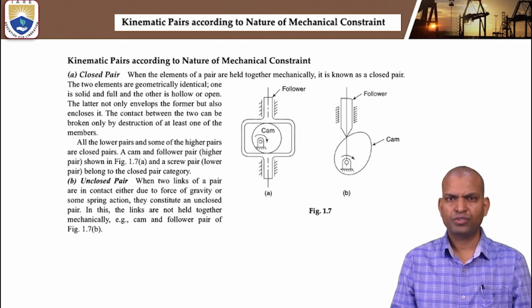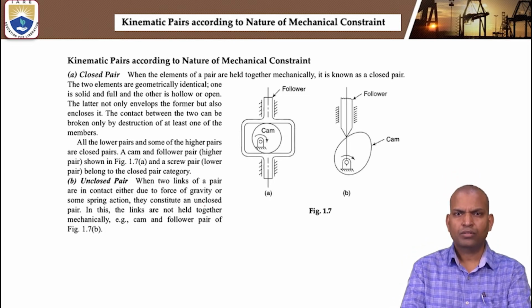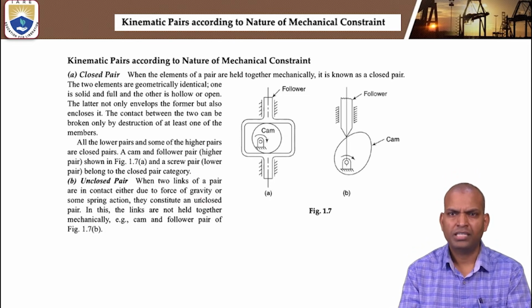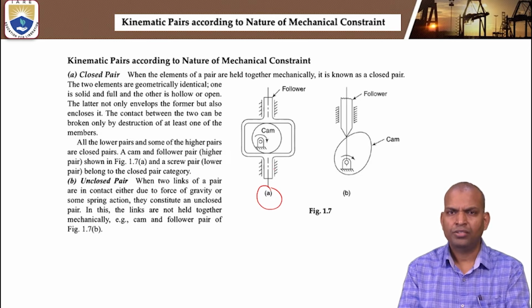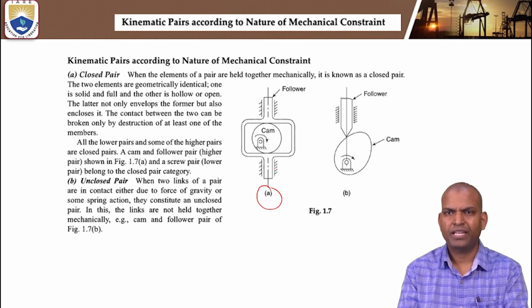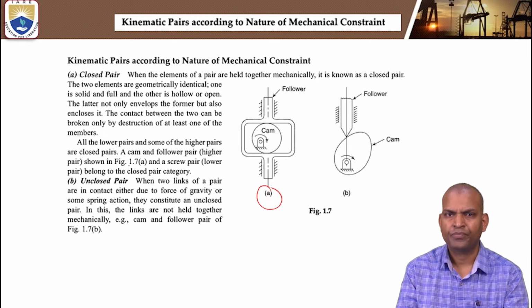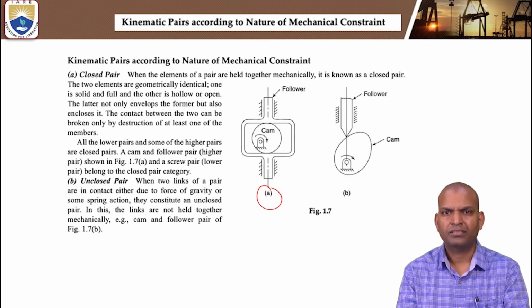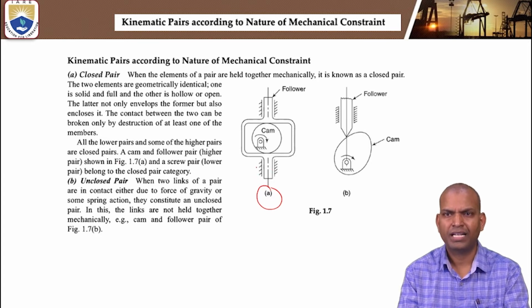Closed pairs means, you understand here, closed pairs between the two elements. It is an example of figure 1.7a. You can see that it is a closed pair. So let us read what is defined here. When the elements of a pair are held together mechanically, it is known as a closed pair.